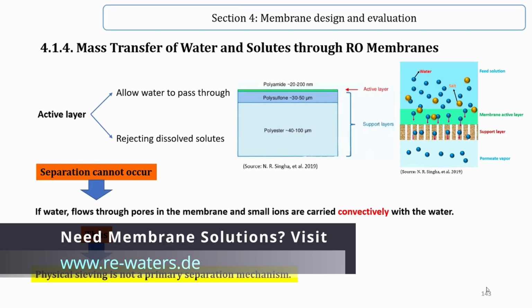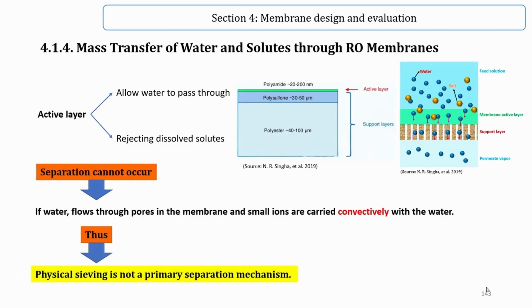Mass transfer of water and solute through reverse osmosis membranes. The active layer of a reverse osmosis membrane must selectively allow water to pass through the material while rejecting dissolved solutes that may be similar in size to water molecules.